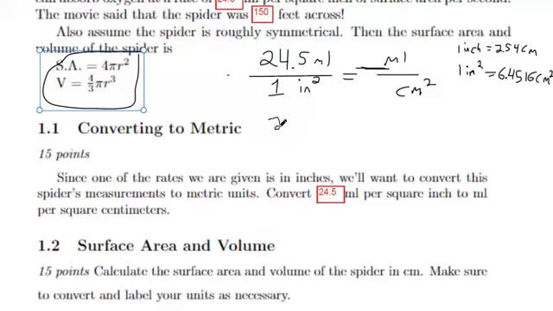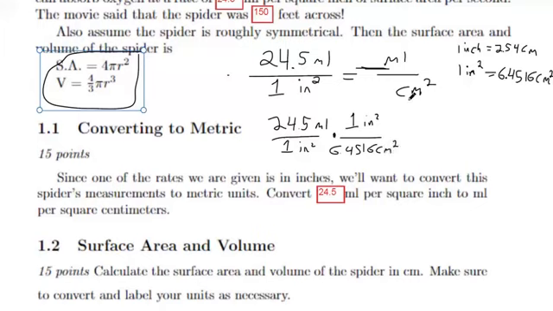We're going to take the original units of 24.5 milliliters per square inch, and we're going to multiply by this conversion factor. 1 square inch is the same thing as 6.4516 square centimeters. So I'm going to multiply by 1 square inch over 6.4516 square centimeters.